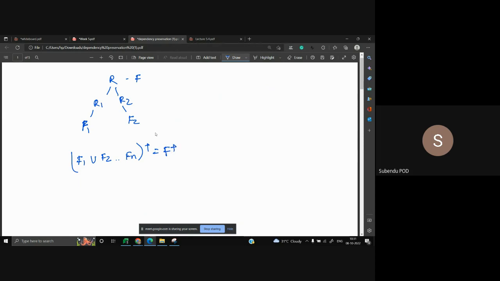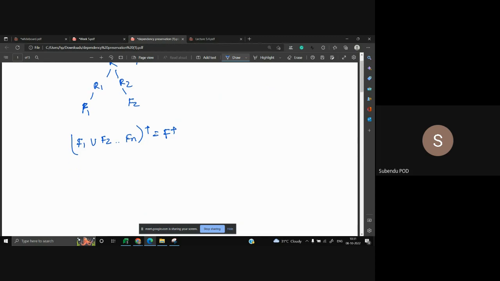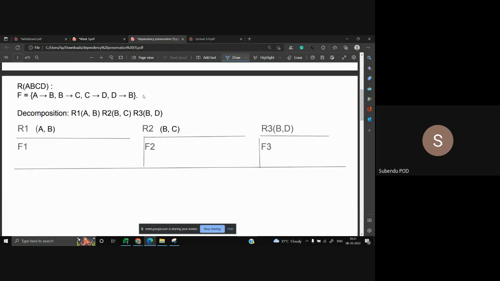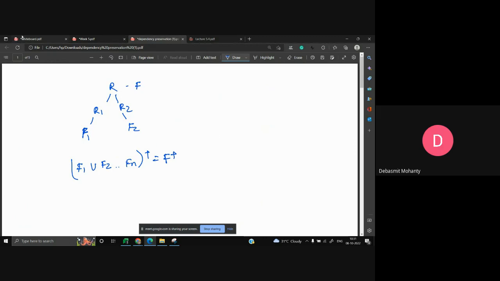Basically, we take the elements of the FD set and decompose them down the chain. We'll see with the help of an example, then you will understand, right?